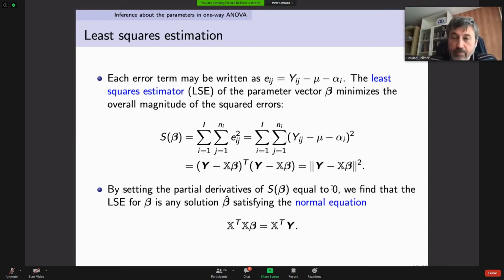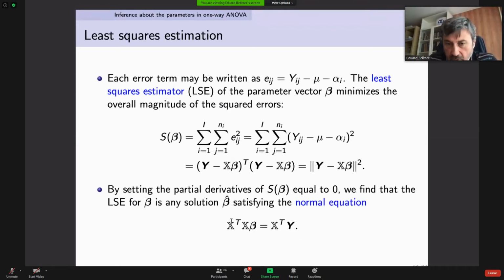And so the solution is this. The beta which would minimize this function should satisfy this equation. And the question is, is there a unique beta, or are there many betas? Well, it depends.